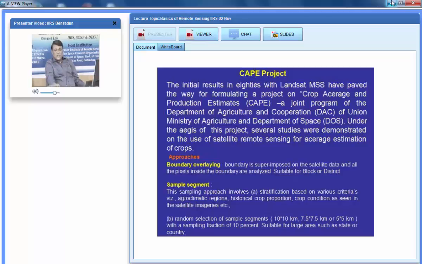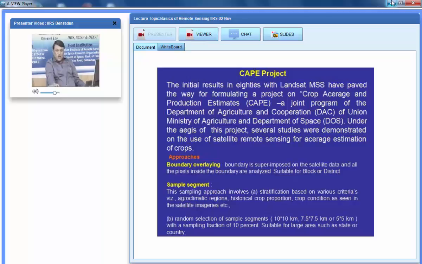the stratified sample segment approach is viable and more extensively used. Why? Because LISS-3, which has a swath of 141 kilometers and a spatial resolution of 23.5 meters, with such a spatial resolution and swath, you cannot cover the whole of India or a whole state on a single date.